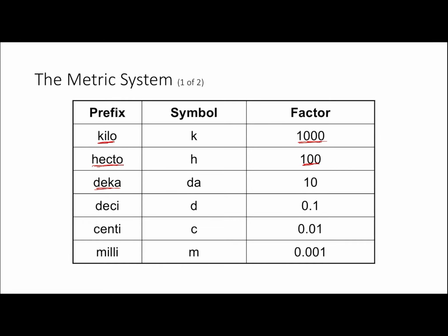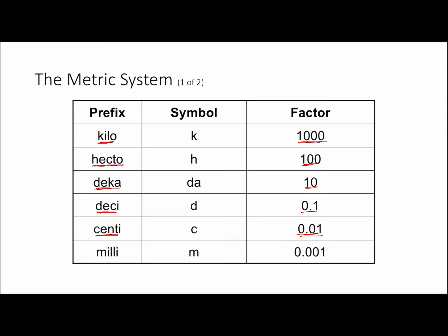Prefix deca is a factor of 10. If it's deci, so that's different than deca, then it's a factor of a tenth. And then centi, like a centimeter, is a factor of a hundredth.